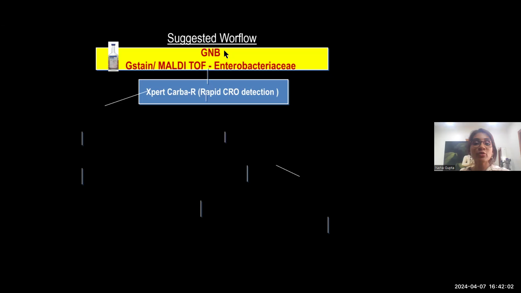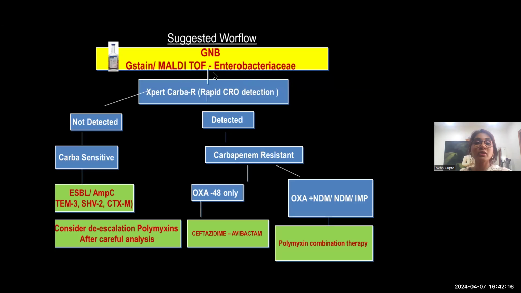So a suggested workflow would be, when there is a culture positive with a GNB, we need to find out immediately, if there is a blood culture or any other specimen, say a urine culture, positive for gram-negative bacteria, whether it's an Enterobacteriaceae or a non-fermenter, which can be done either by a gram stain or with a multiplex panel.